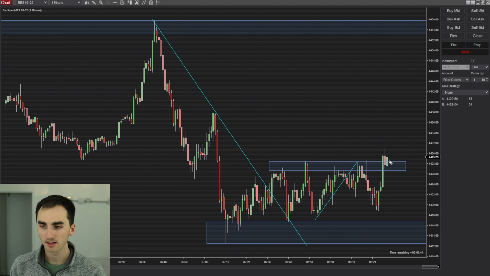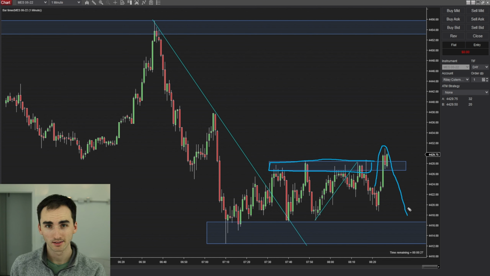I think it's very clear to see here: we have a solid level, and the market makes an attempt to break out of that level and it fails and comes back in. At that point generally it reverses, and you can look for a trade on that reversal, trying to capture that move.